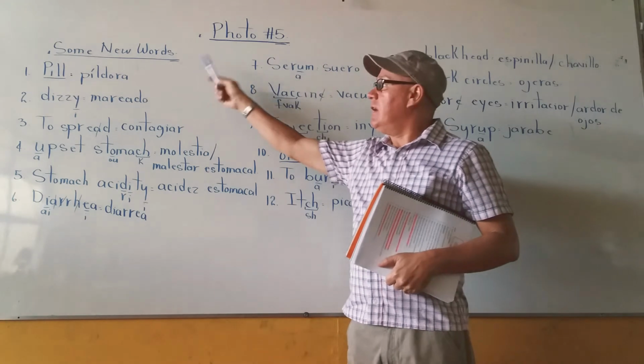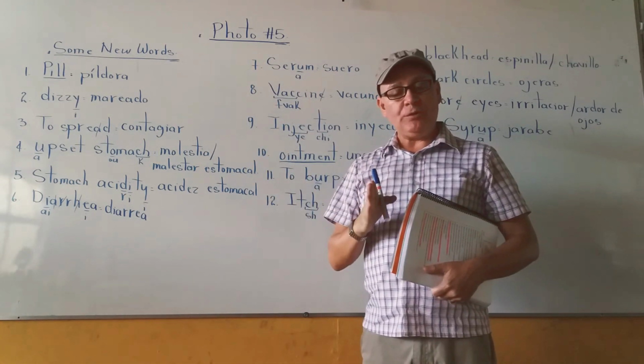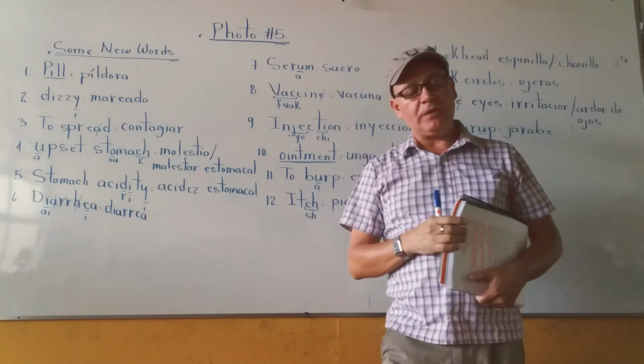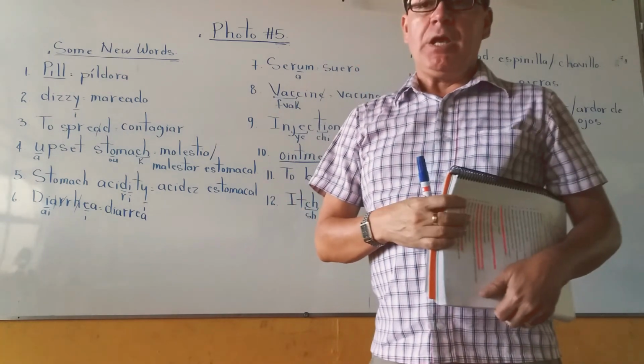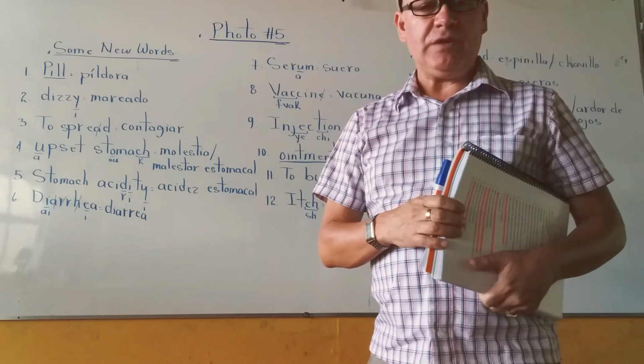Picture number 5. This vocabulary is going to be used for doing the exercises about lesson number 15, because this lesson is about illnesses, diseases.